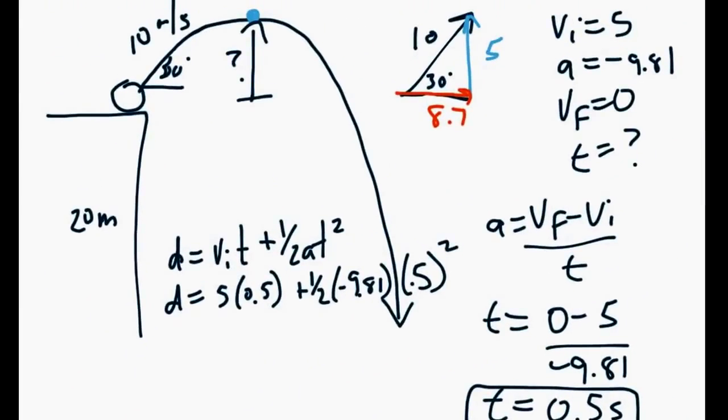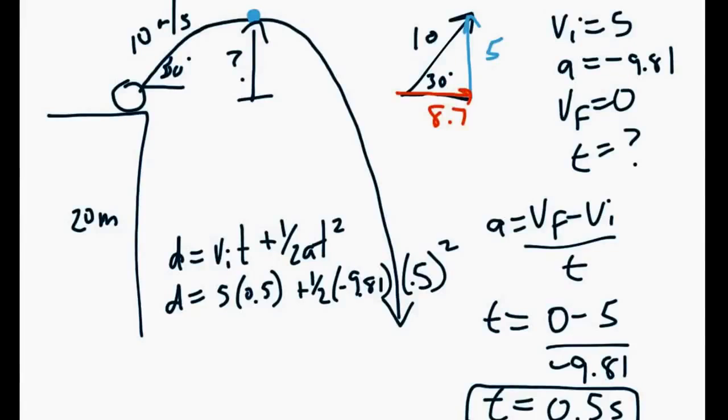Okay, so we could calculate all of that. So 5 times 0.5 plus 0.5 times 9.81 times 0.5 squared. We get an answer of 3.72. So our distance that it went upwards is 3.72.